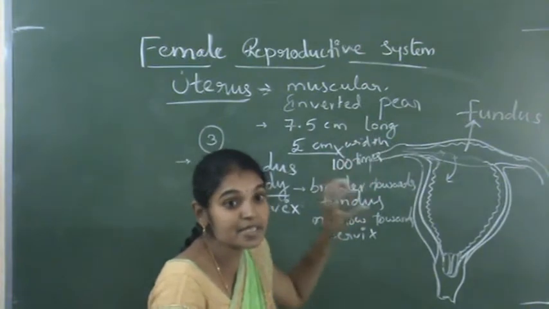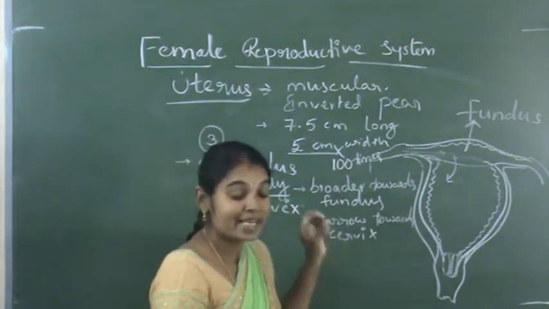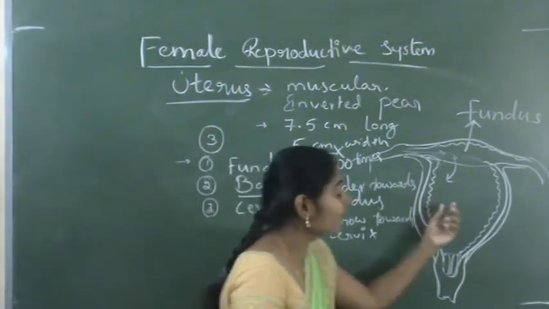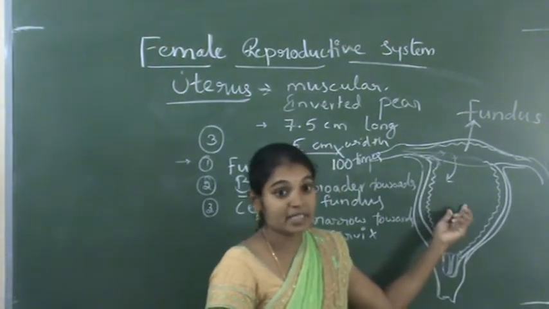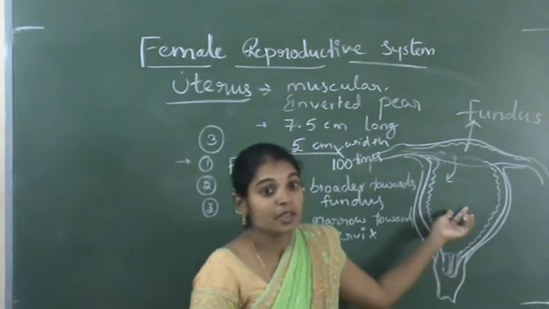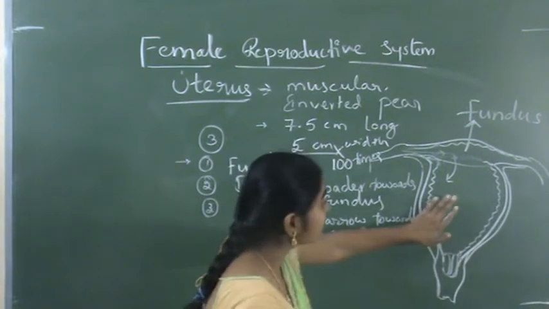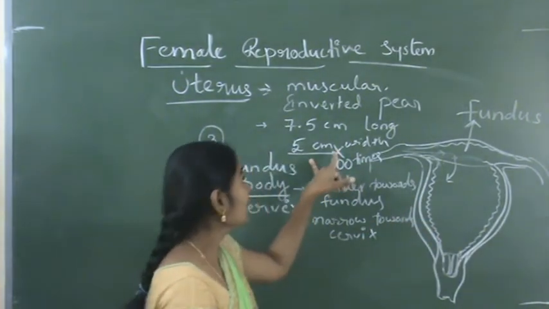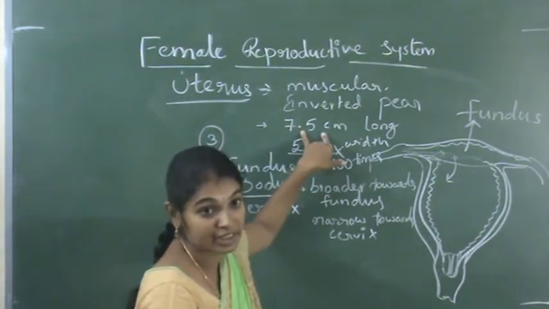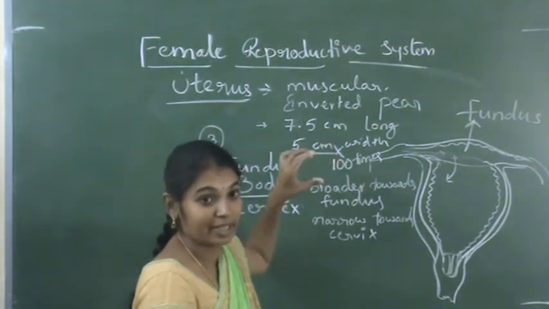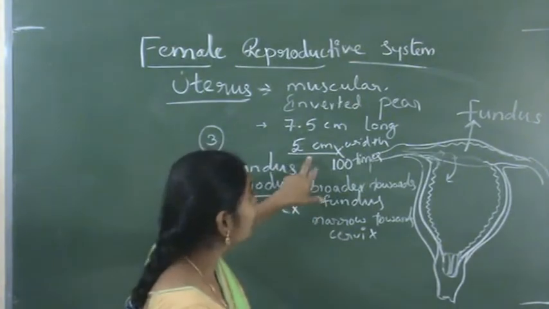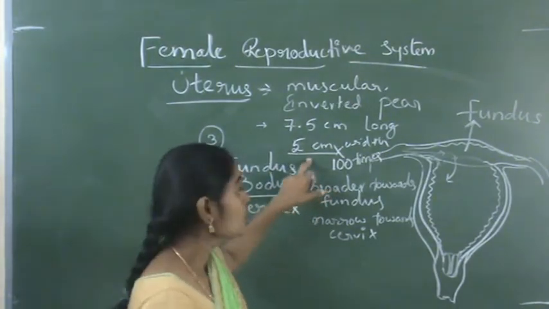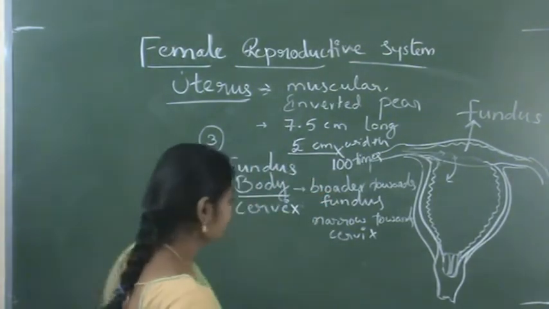This increase in size is mainly for the development of the fetus present inside the uterus. The normal size is about 5 centimeters in width and 7.5 centimeters in length. The length will be the same, but the width of the uterus becomes larger.